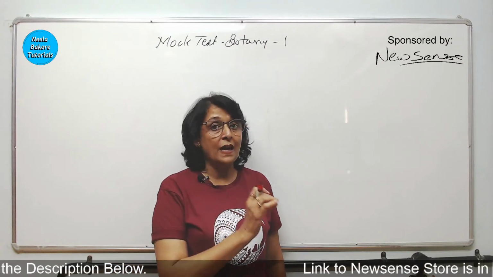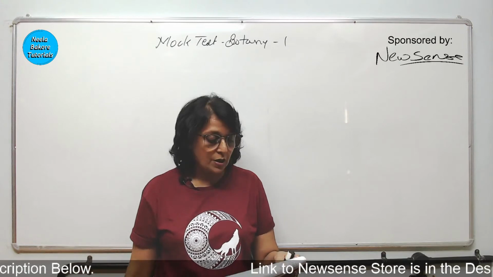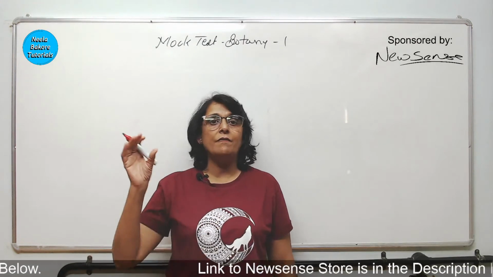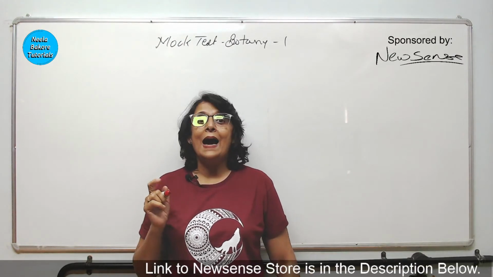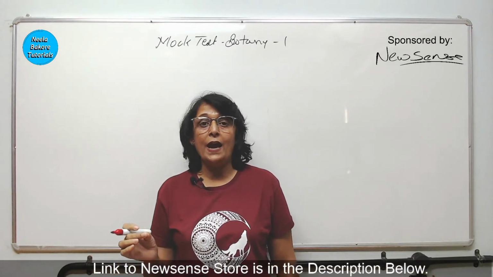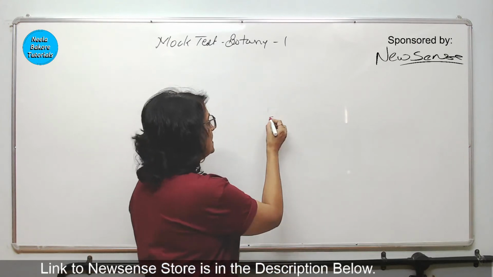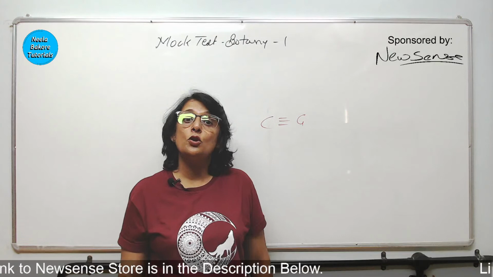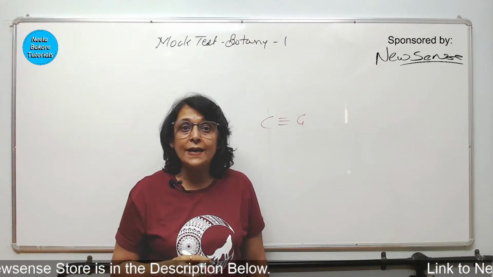Mitochondrial DNA is without histone, nuclear DNA is with histone, the nucleosome structure. Being circular, mitochondrial DNA is circular, whereas the normal nuclear DNA is linear. Third, having high C and G ratio, they have more of C and G. And whenever we talk of C and G, they pair by formation of 3 hydrogen bonds. So more number of bonds are there.